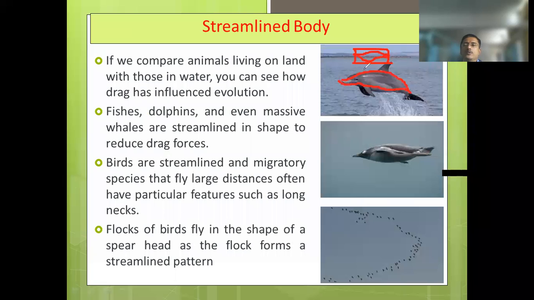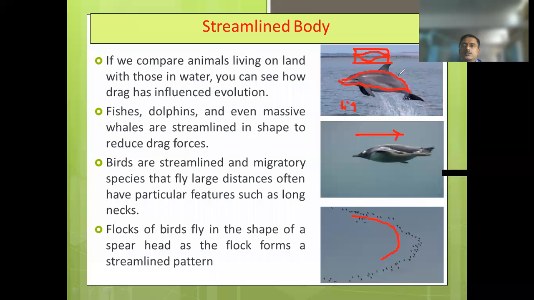The body is very streamlined. Similarly with the birds, here the air creates the drag force as they are moving through it. Also the flock of birds moves in this manner.